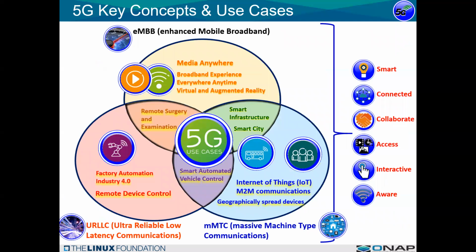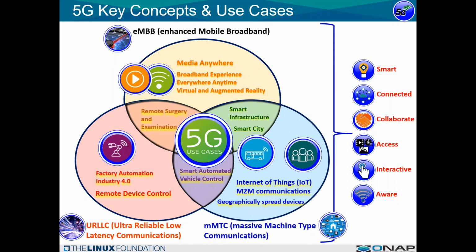So some of the big ideas in 5G are that we'll have media anywhere and enhance our current broadband experience, incorporating VR and AR, massive machine type communications facilitating the Internet of Things, machine to machine communications, and supporting geographically spread devices.